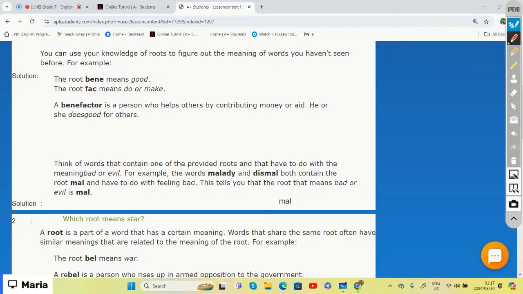Like words like malady and dismal, right? Both of those words, malady and dismal, contain the root mal, right? And this root mal has to do with bad feelings.